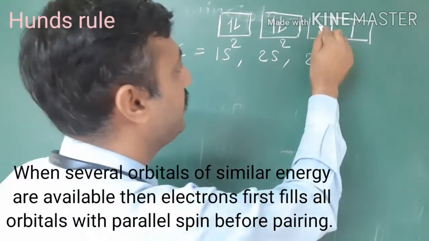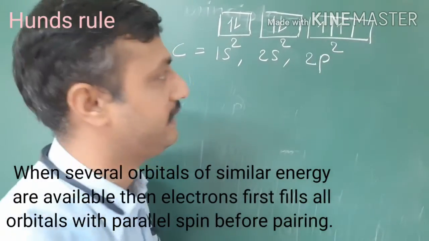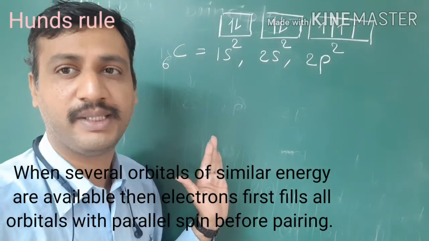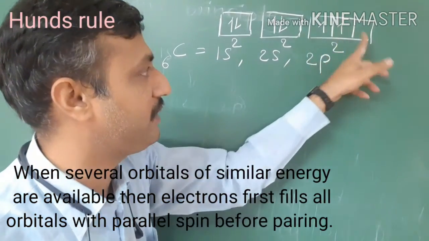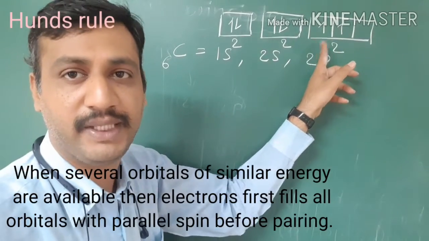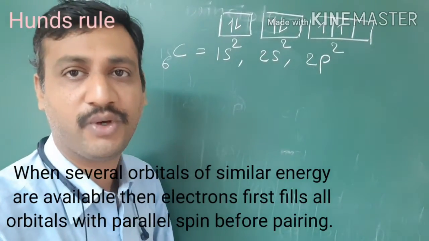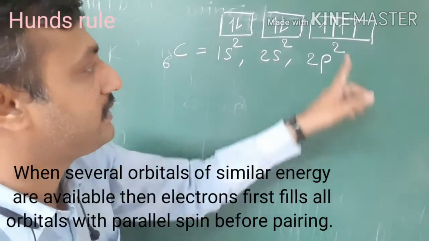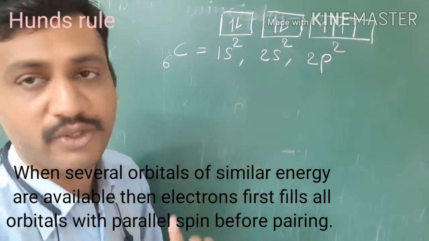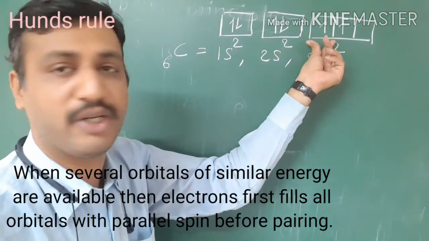So these electrons are to be filled like this: first electron in the first orbital, second electron in the second orbital. Are you understanding? The p subshell is made up of 3 orbitals, and those are px, py, pz. These are the names of the orbitals. So we should fill the electrons like this: first electron here, second electron here. We should not fill both the electrons in one orbital.